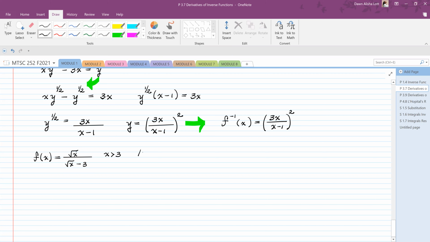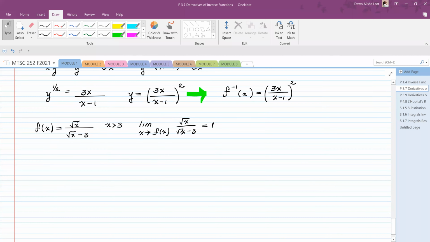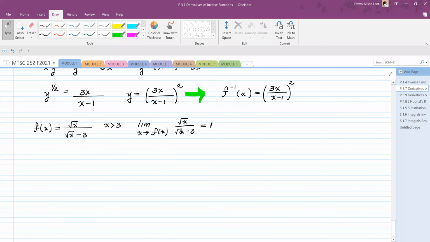So as x increases, we get the limit as x goes to infinity of f of x, the square root of x over the square root of x minus 3. So that limit is 1. So f will never be 1. That's good for us. Not only that, f will always be less than 1.